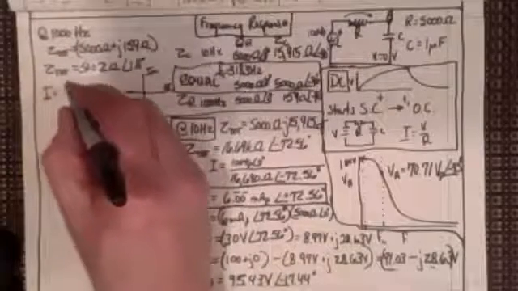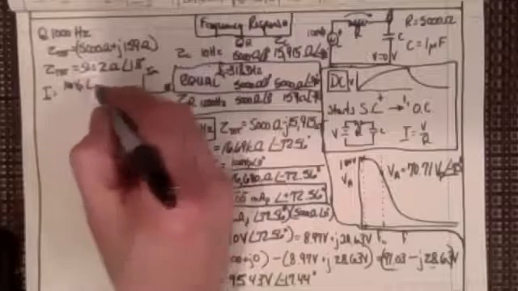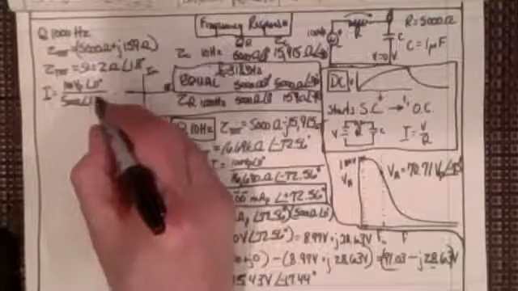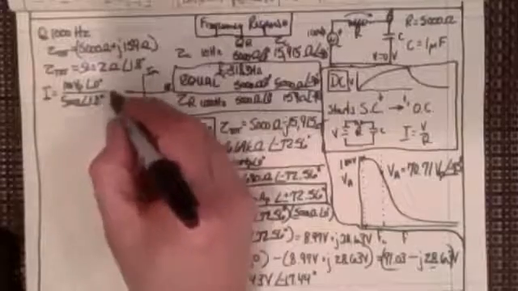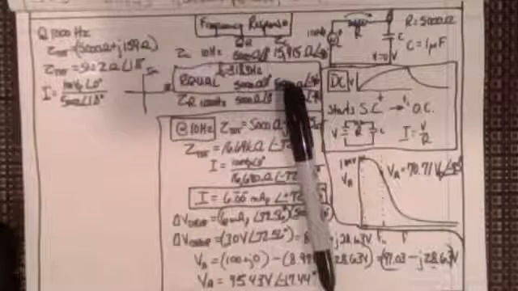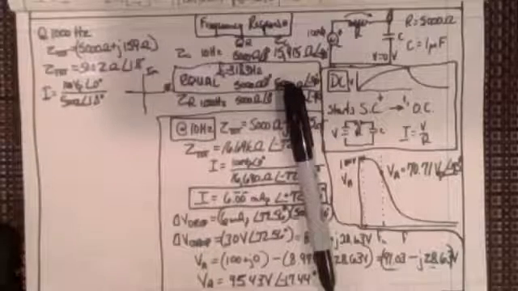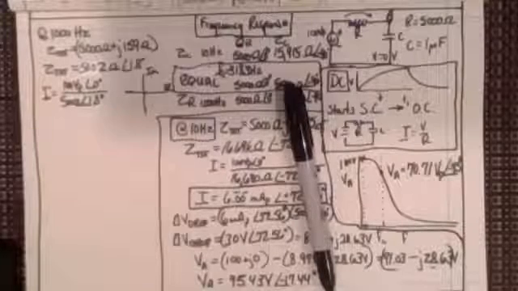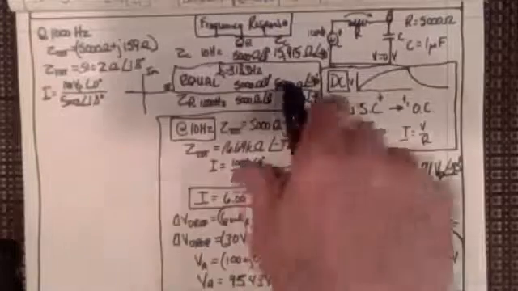Now what's I going to be? Well, now I've got 100 volts peak at 0 degrees divided by 5,000, eventually 5,000, but I'll put 5,002 at 1.8 degrees because we got to see something. Okay, so 100 volts, that's 20 amps, or close to it, but I'm going to give it to you exactly. Divided by 5,002 gives me 19.9999.